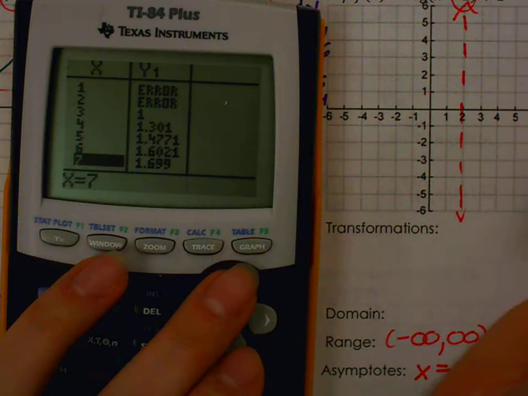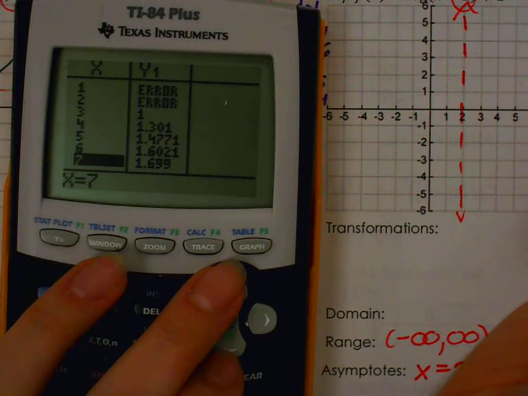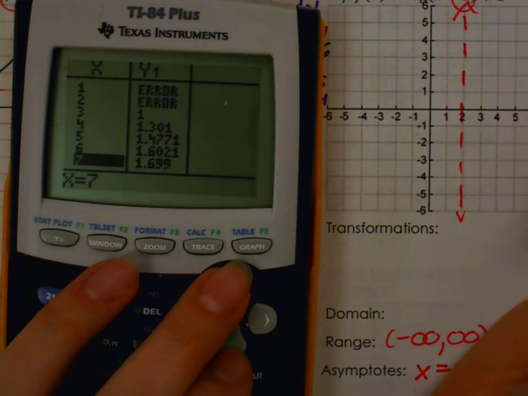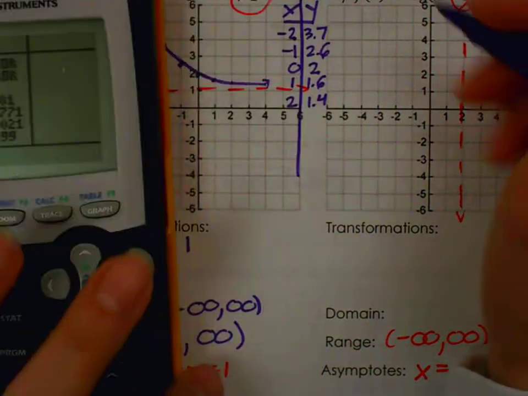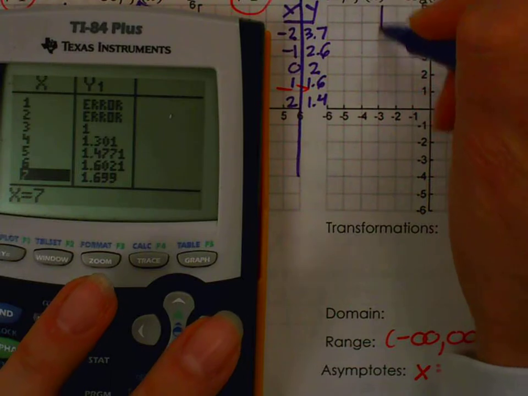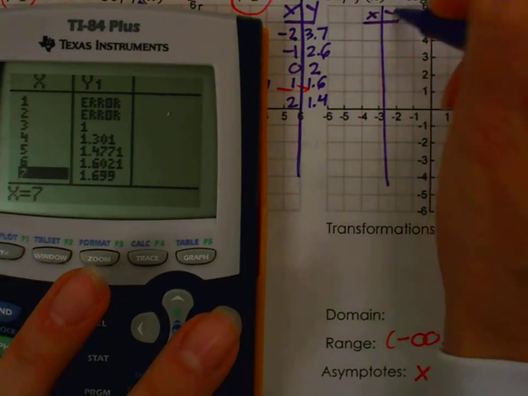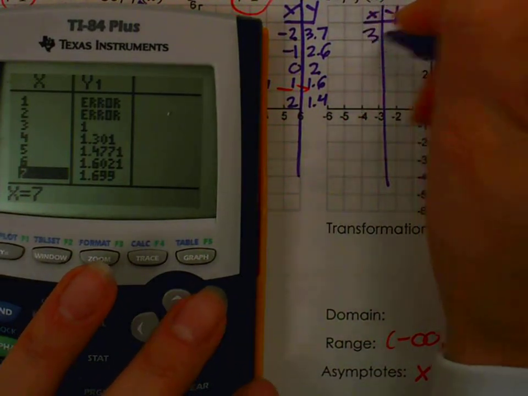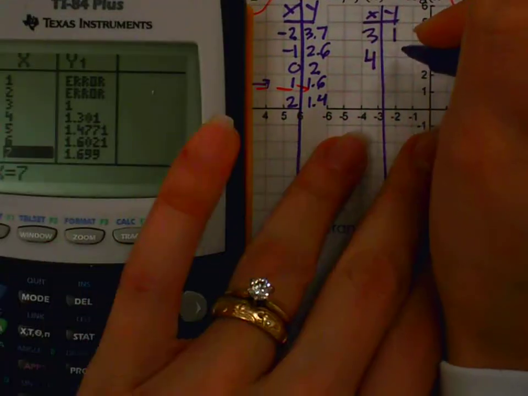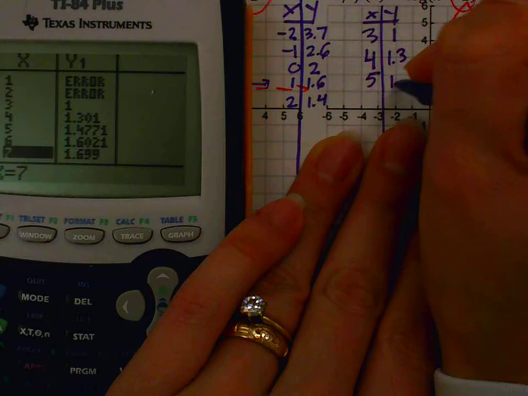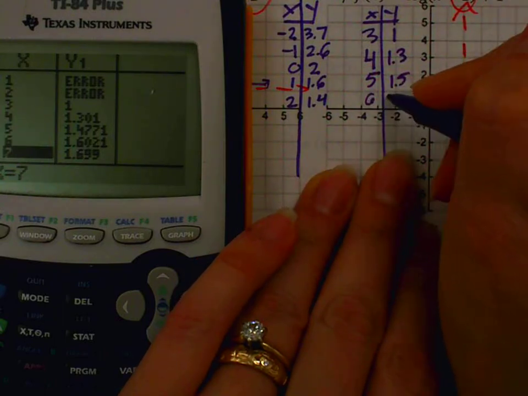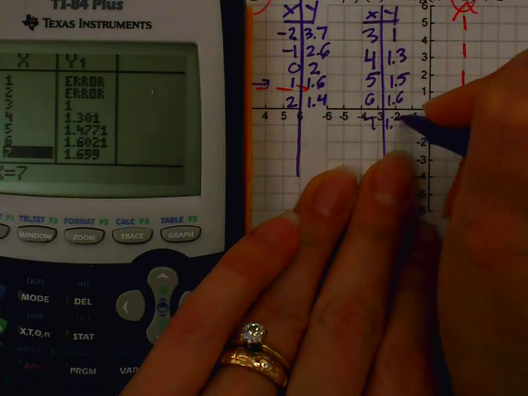All right, here we go. I'm going to make my table right here for this one. So x and y. I've got 3, 1, 4, 1.3, 5, 1.5, 6, 1.6, and 7, 1.7.